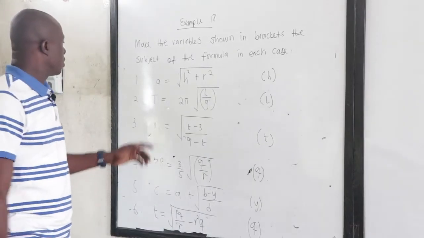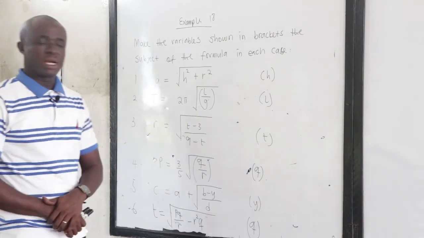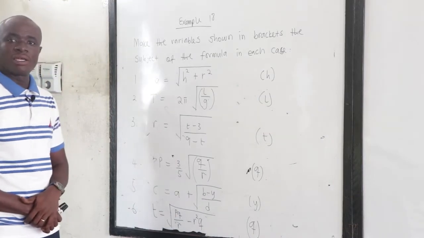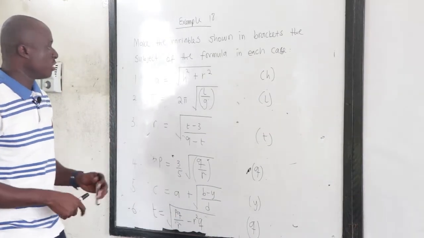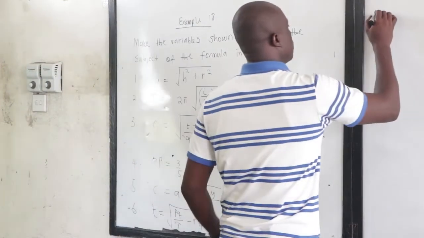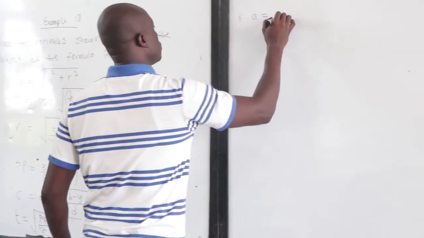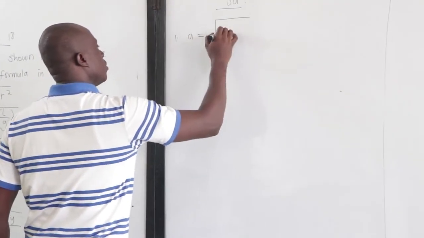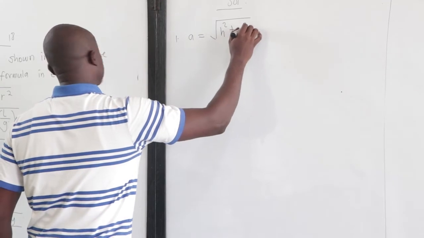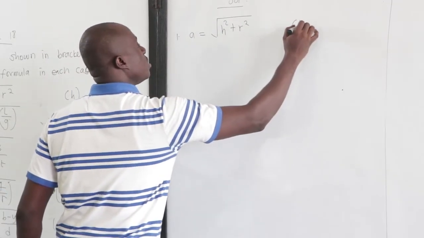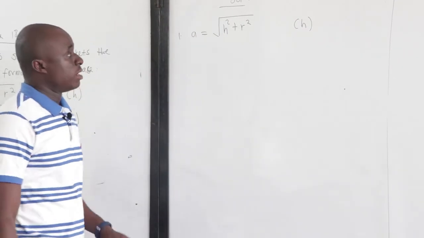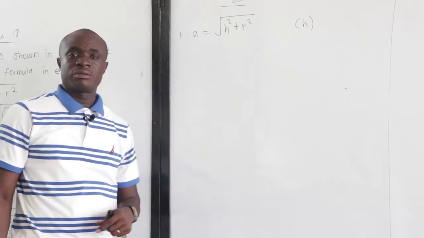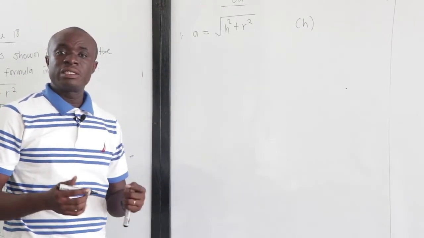Now it says that make the variables shown in brackets the subject of the formula in each case. The first one, we have a equal to square root of h squared plus r squared. We want to make h the subject. Now what we want to make the subject is in a radical, so we have to eliminate the radical.